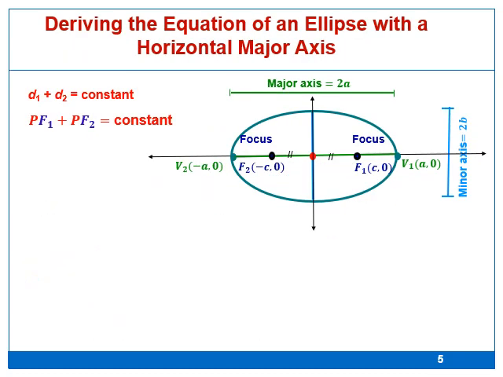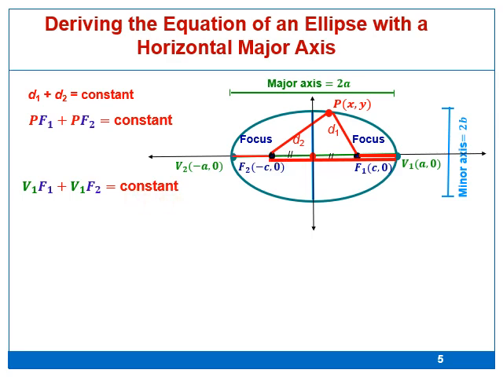Now we are ready to start our derivation. For any point P on the ellipse, its sum of distances to the two foci is constant, so PF1 plus PF2 is equal to a constant. We'll apply this same definition on the vertex. The sum of distances of the vertex to the two foci is also constant, so V1F1 plus V1F2 is equal to a constant.